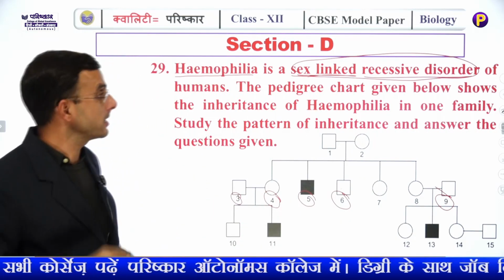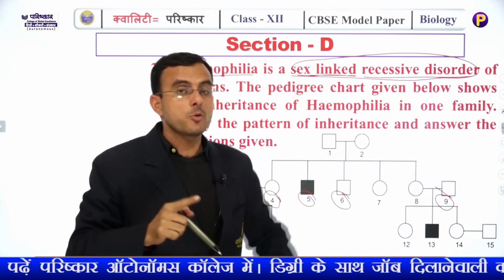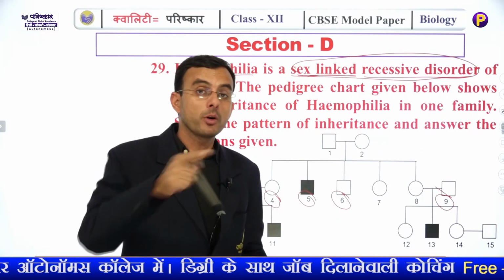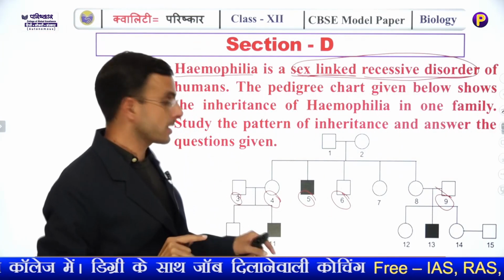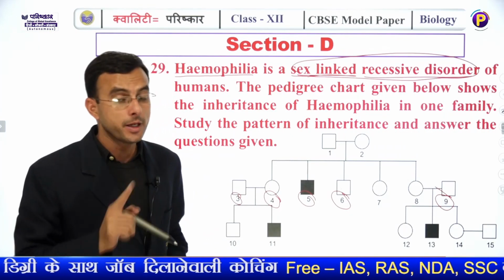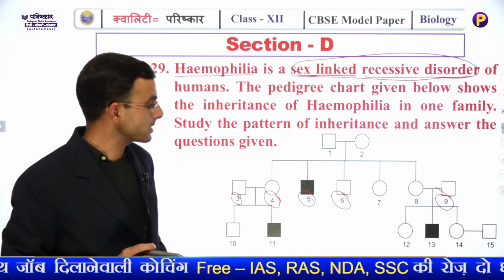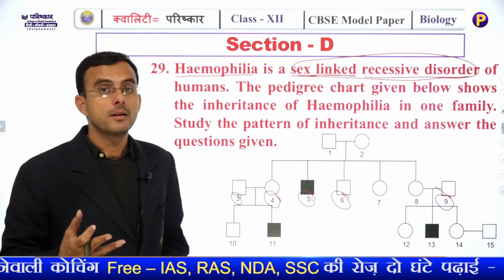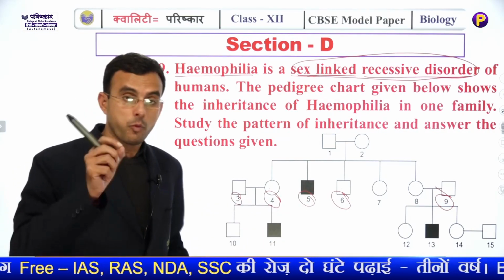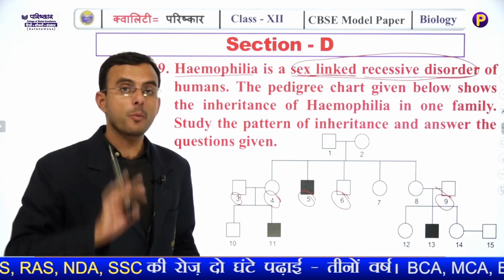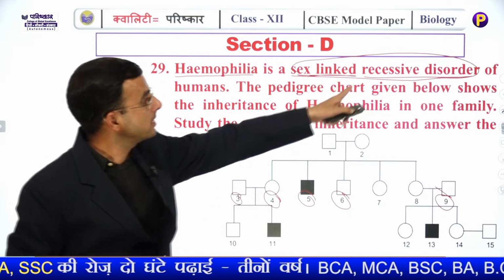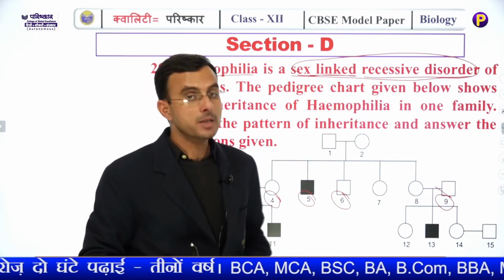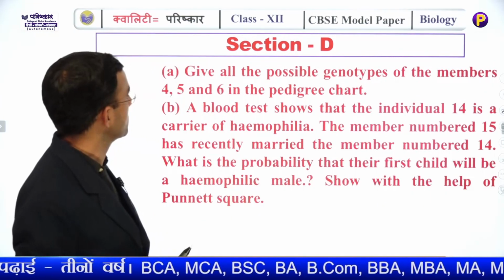Recessive means it is expressed only in the homozygous condition; if it is present in the heterozygous condition, only one copy is present. Because of this, it is expressed as a recessive disorder.